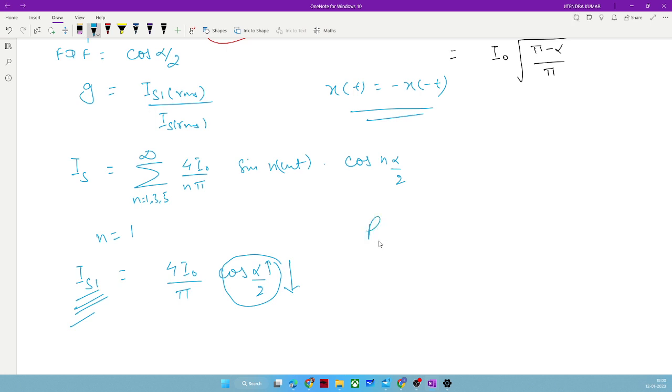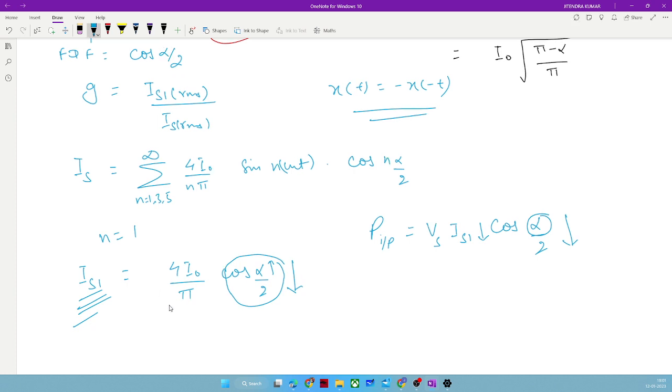Your active power input comes from input Vs, IS1 and the fundamental displacement factor. So if your IS1 is reduced, you are not utilizing your input properly. And as alpha increases, input power factor will be compromised and your inverter rating will be increased. So that's the drawback here.